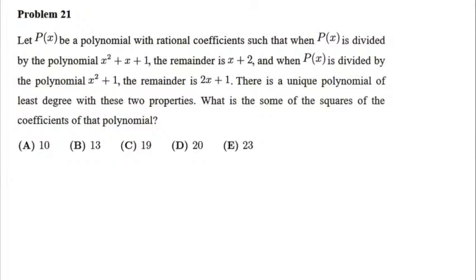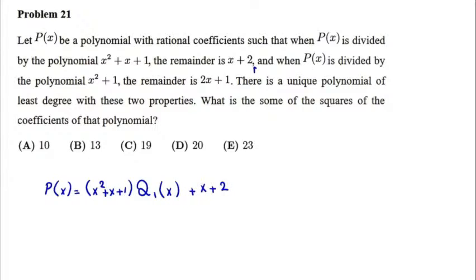AMC 10B 2022, problem number 21. Let p of x be a polynomial with rational coefficients such that when p of x is divided by the polynomial x squared plus x plus 1, the remainder is x plus 2. So when you divide it by x squared plus x plus 1, it will be q1 of x, and the remainder will be x plus 2.